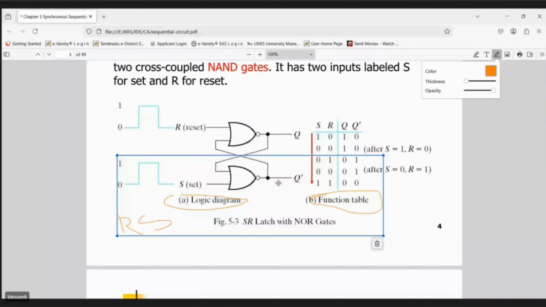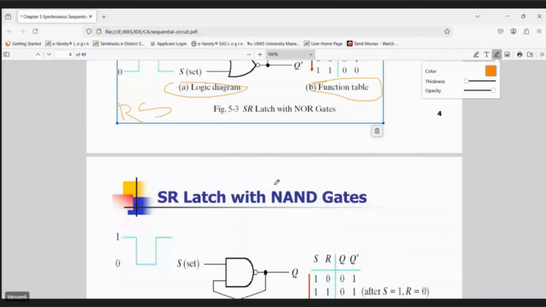Finished? Next, SR latch with NAND gate or RS flip flop with NAND gate.